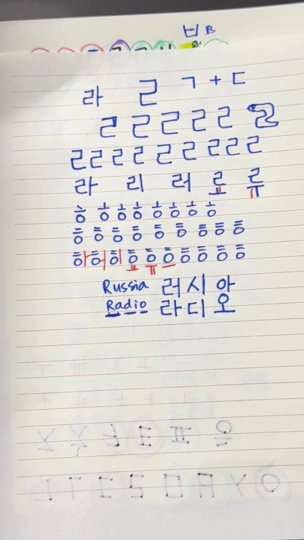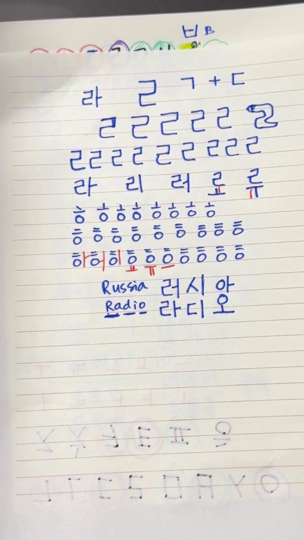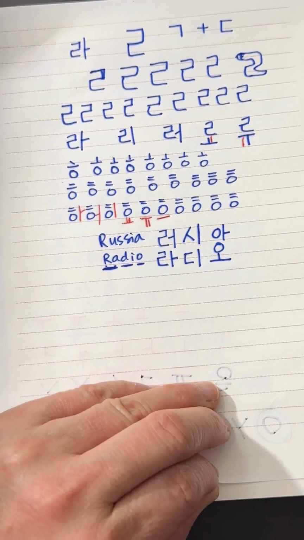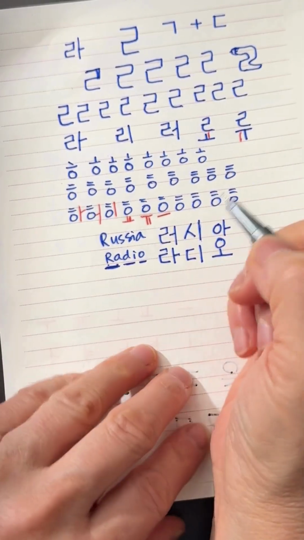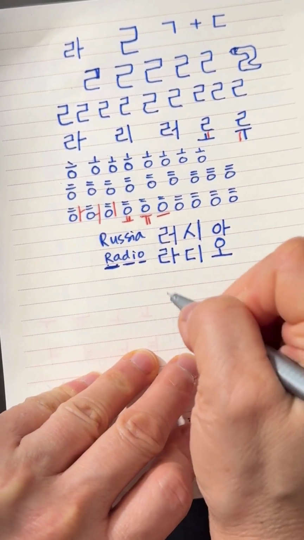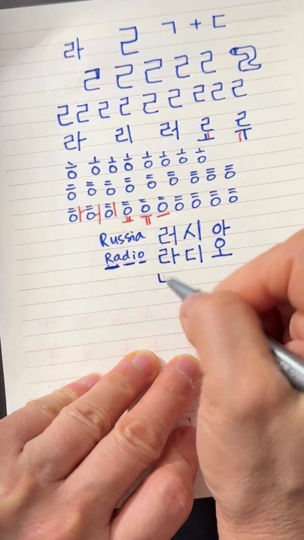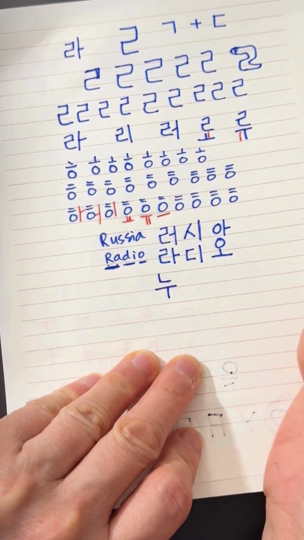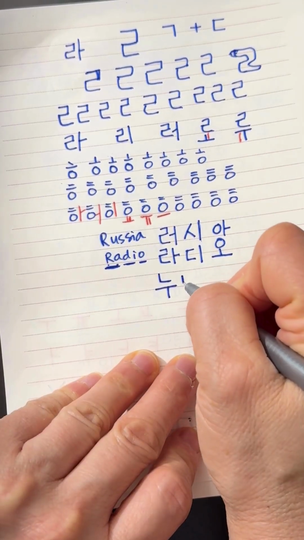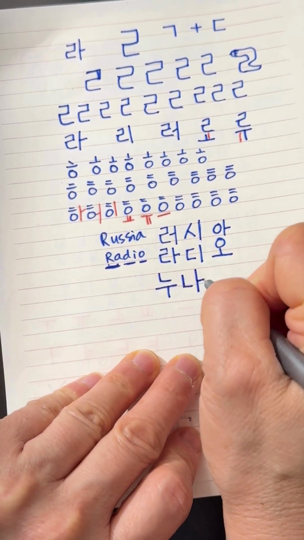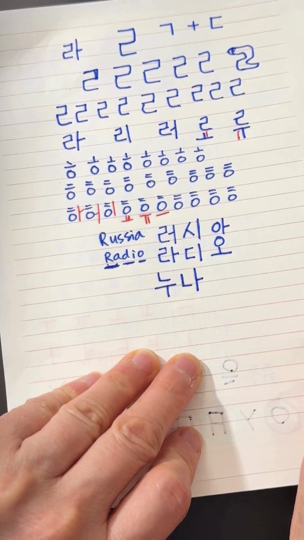The second vowel is na, right? Try it. Okay, I believe you had a chance to do that. Now, nu will be nu, na. Nuna.